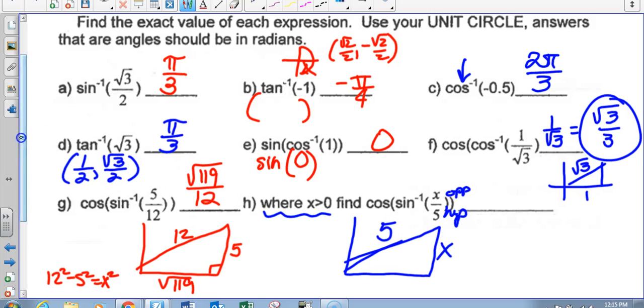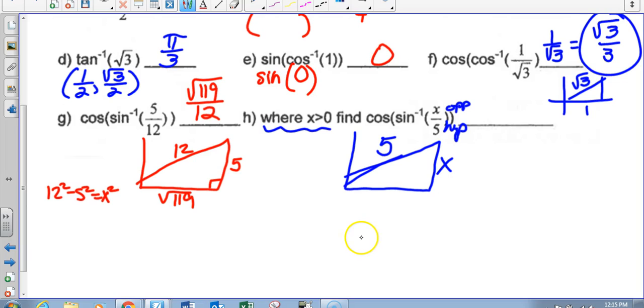Now, this is where I need to be paying attention. This is not 1 minus x squared or 1 minus x squared. To find this, what do I have to do?